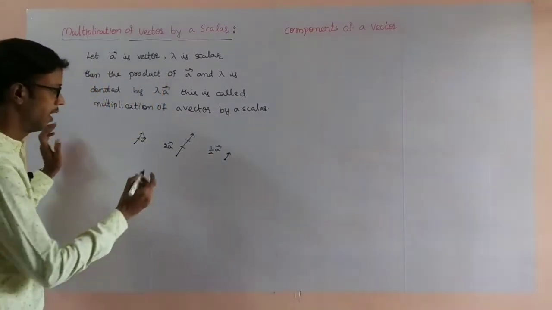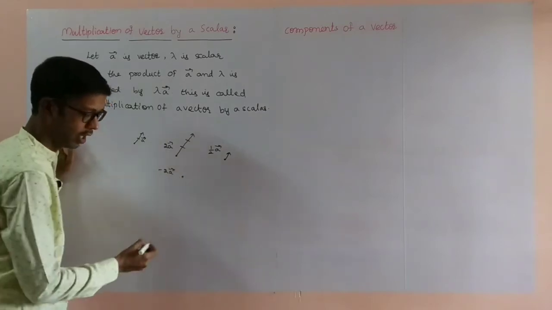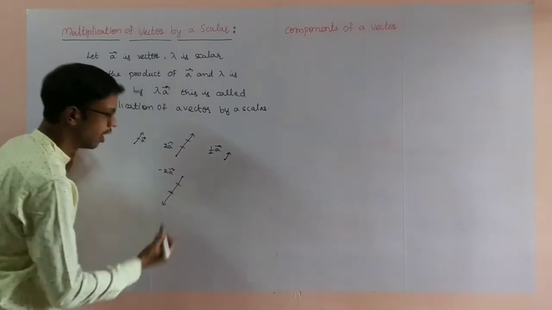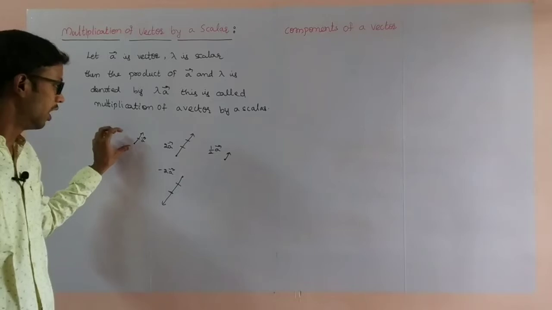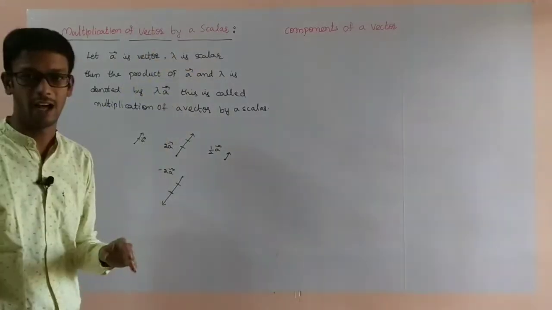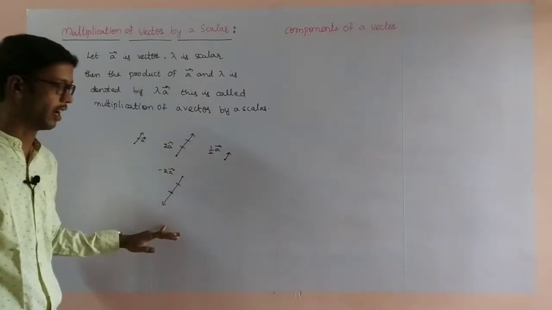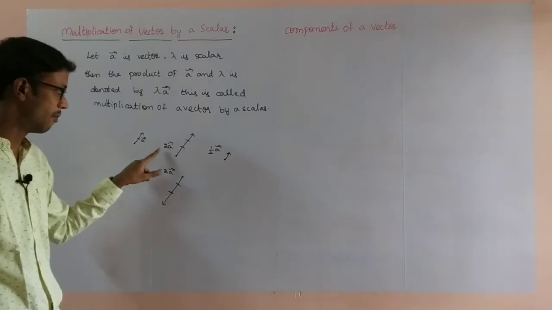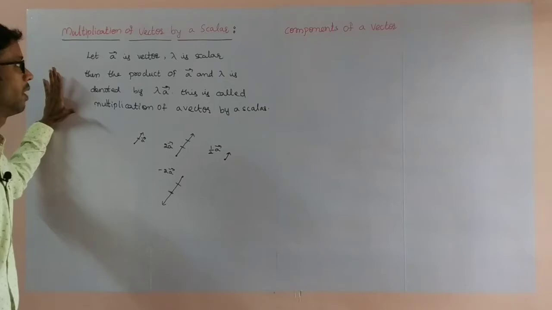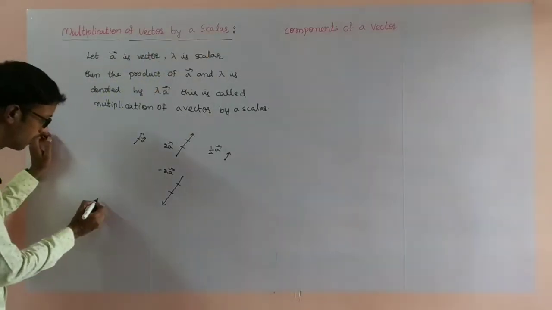If you multiply minus 2A bar, you will get the opposite direction. If you multiply a vector by a scalar, you get a vector in the same or opposite direction, as lambda is positive or negative. So this is multiplication of a vector by a scalar. Now one more important note point here.